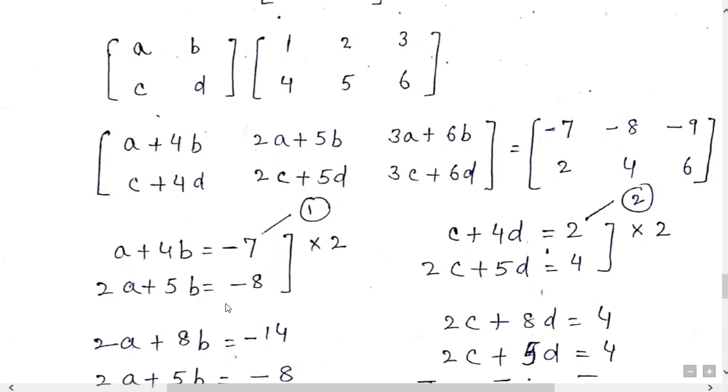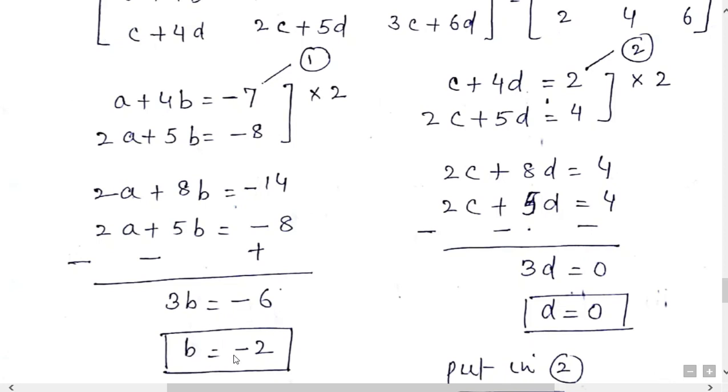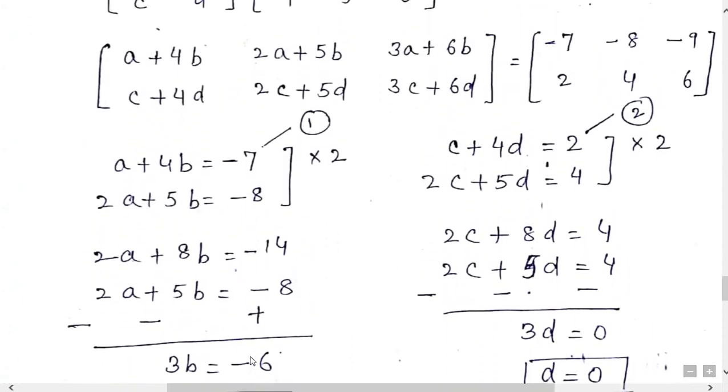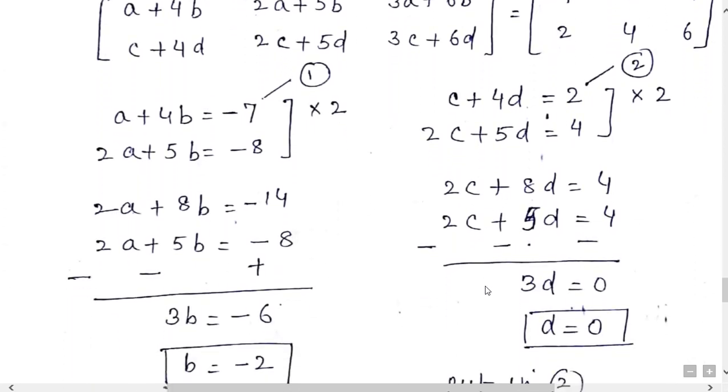Solve this set of linear equations. You will get the value of B first of all. Then by inserting you can obtain the value of A. Similarly, by comparing C plus 4D and 2C plus 5D, you can calculate the value of C and D.